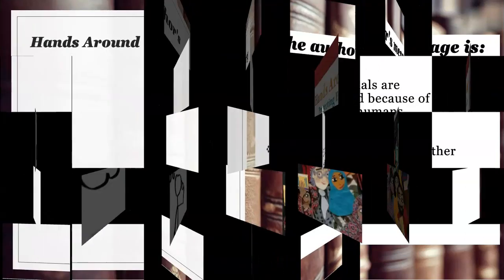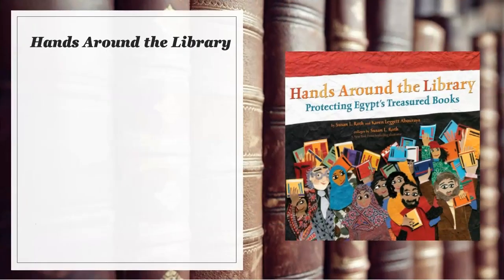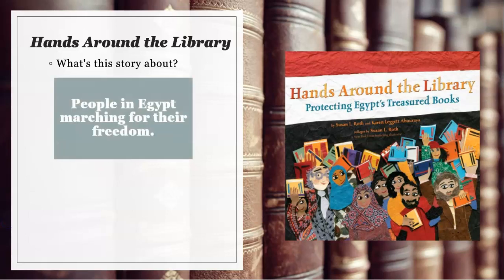Let's scoot on over to our second example. Our second example, wonderful book, Hands Around the Library. To jog our memory, what is this story about? It's about people in Egypt marching for their freedom. At the beginning of the book, it says that freedom is not something that was talked about.